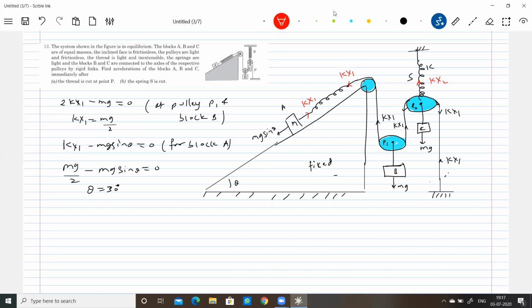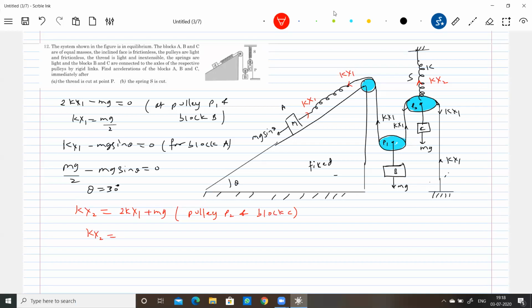What about kx2 from the diagram? Kx2 should be equal to 2kx1 plus mg, no? This is for pulley P2 and block C. So kx2 is equal to how much?